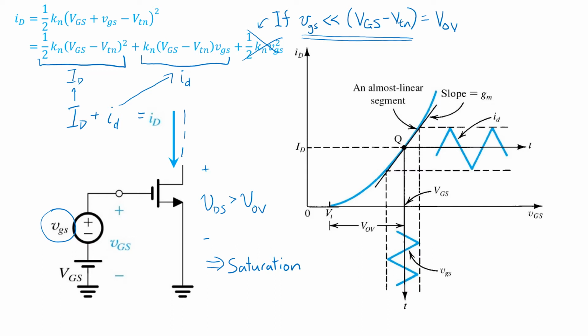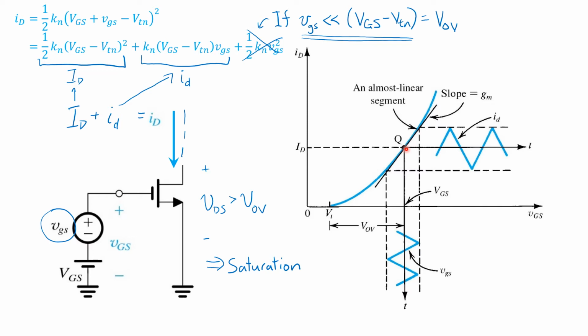The applied all uppercase VGS is shown here on this IV plot, and its value determines the operating point drain current, all uppercase ID, according to our square law. That establishes the DC operating point, or quiescent operating point, labeled with a Q here.